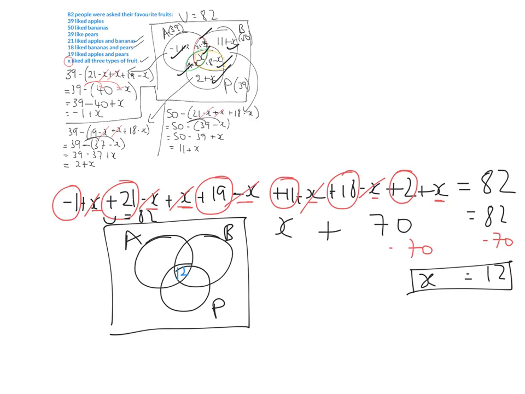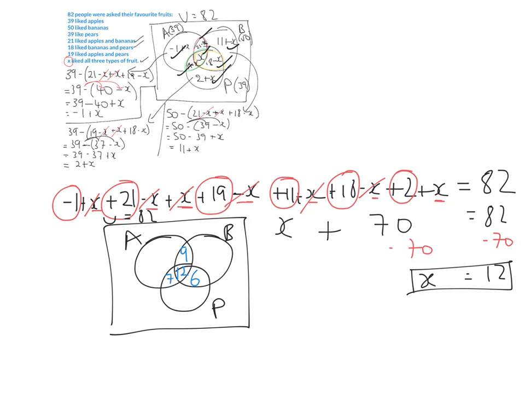Then up above it, it says we've got 21 minus x. That's going to be 21 minus 12, which gives you 9. Between the bananas and pears only, it's 18 minus x, which is 18 minus 12, which gives me 6. And between apples and pears only, it's 19 minus 12, which gives me 7.